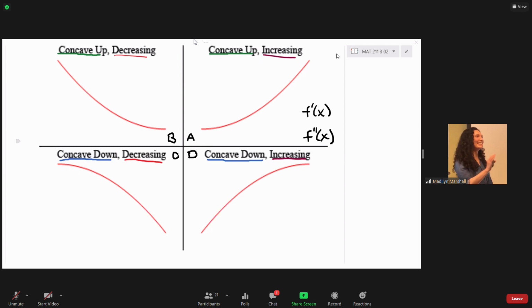Which of those combinations fits graph A in the top right? About 15 seconds or so if you haven't answered yet.